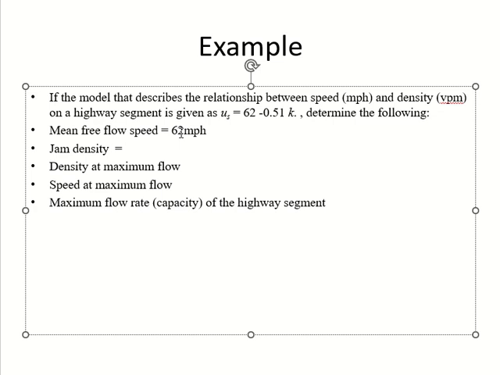Now for jam density, what we did in the previous question, we will do the same thing. So 0.51 was the ratio of free flow speed and jam density, right? 0.51 equals free flow speed, which is 62, upon kj.